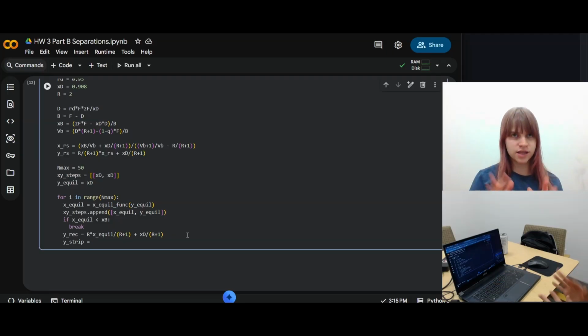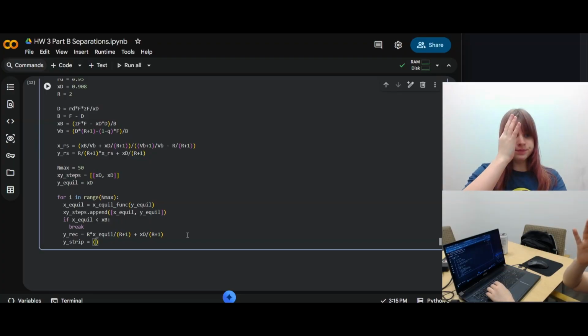And I'm saying line instead of curve because these are linear lines due to our constant molar overflow assumption that we talked about. And in a future video, I'll talk about what we do when we can't assume the constant molar overflow and stuff like that. We can't use the McCabe Thiele plot. But for now, with our assumptions and what we know, we're going to do the McCabe Thiele.